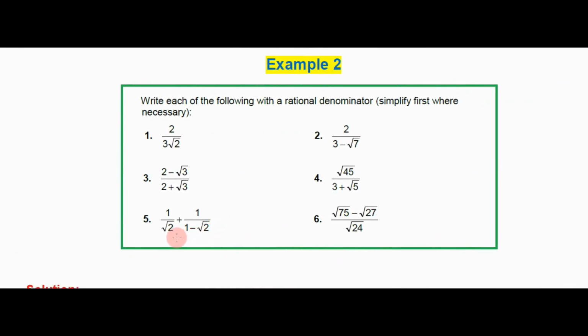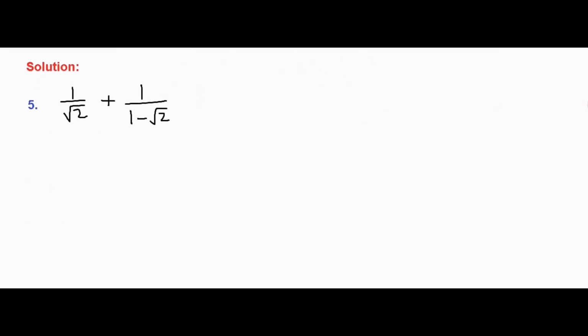In number 5, we have 2 terms. So the way we're going to deal with this is to rationalize them separately. So for 1 over square root 2, we can rationalize by multiplying both the numerator and the denominator by square root 2.